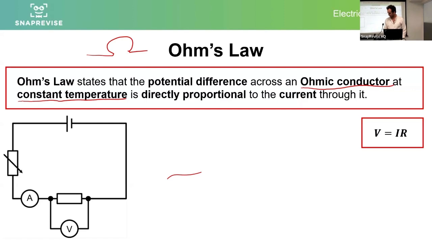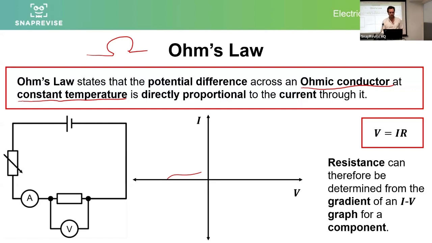Okay? Which is lovely. Because it means, look, if I plot I against V, often you do plot I against V, which is a little bit annoying because if we plotted V against I, then the gradient would be equal to the resistance, but that's not quite true.